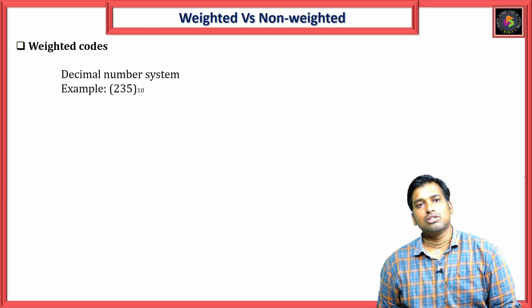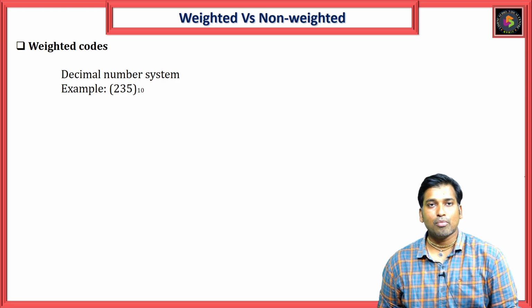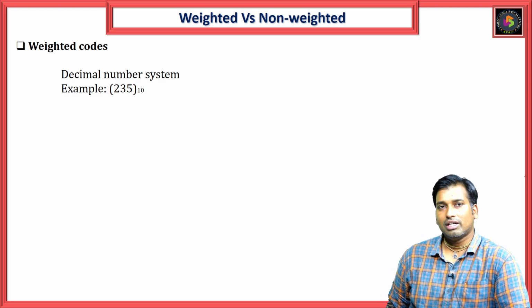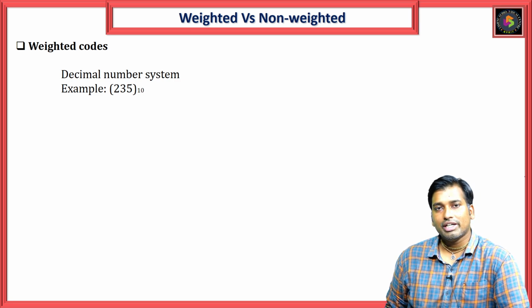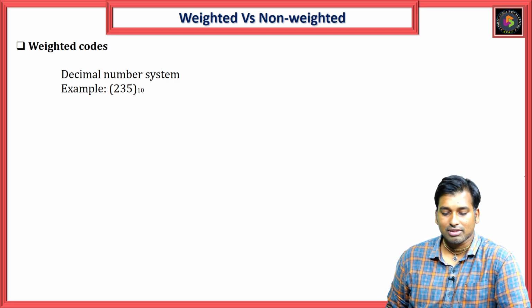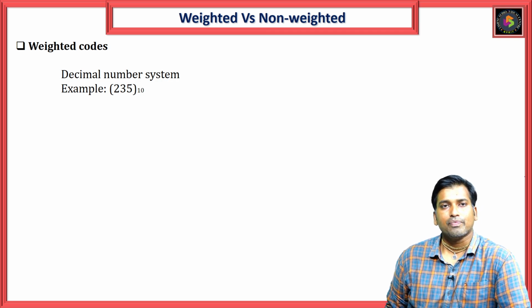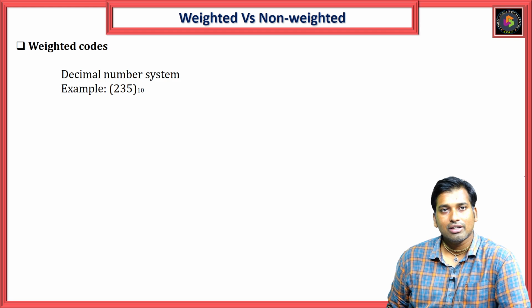Next, it is very important to understand what weighted codes are, because the decimal number system has a unique quality. Not only the decimal number system, other number systems have this quality, wherein each and every digit has some weight to it, from which we can understand these are weighted codes.